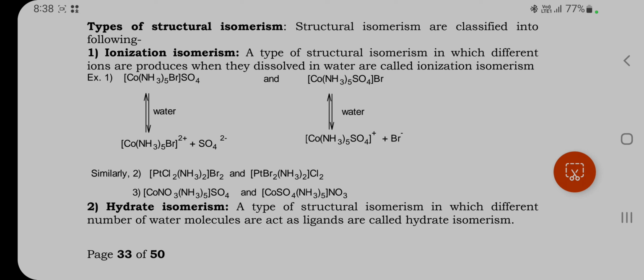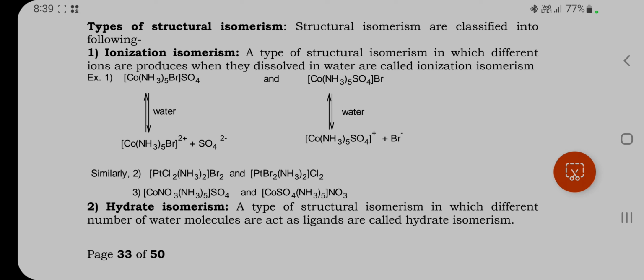Here you can see the first complex dissociates to give a complex ion containing cobalt, 5 ammine ligands and one bromine atom, and the second complex dissociates to give the bromide ion. Both complex compounds have the same molecular formula, but when dissolved in water, they give different ions.